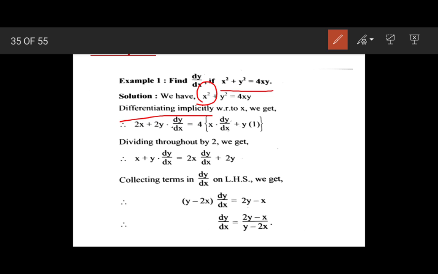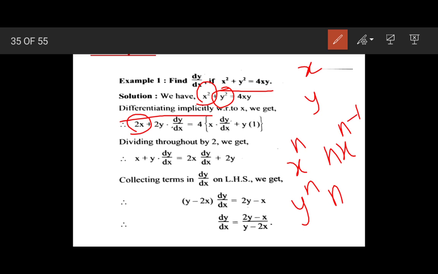So derivative of x square is 2x. Derivative of y square: here in y also we have to use the formula of x only. Same formula. We know that derivative of x raised to n is n into x raised to n minus 1. So for y raised to n it will be n into y raised to n minus 1 into derivative of y. So here it comes dy upon dx.